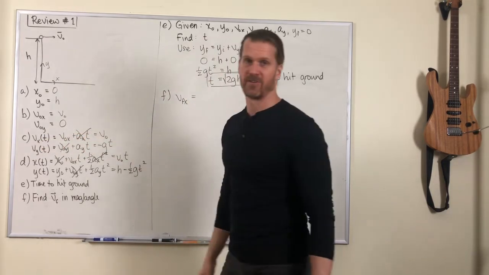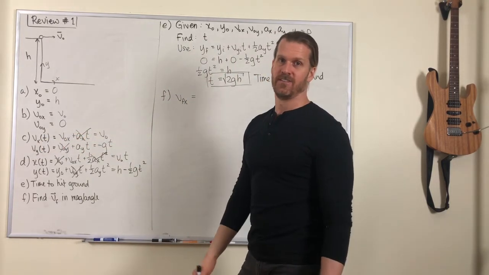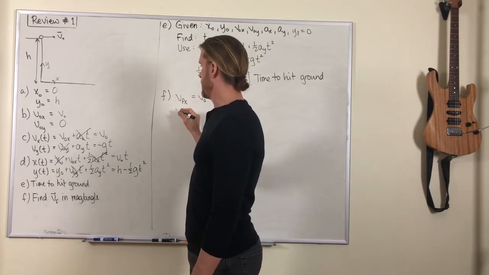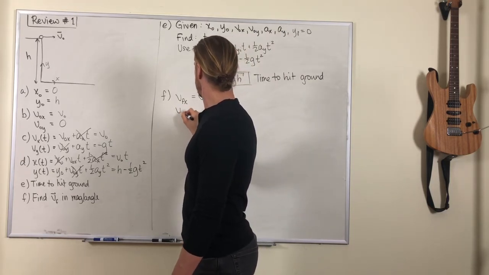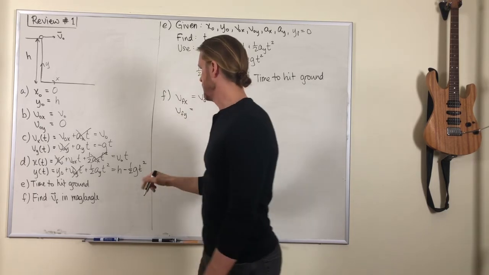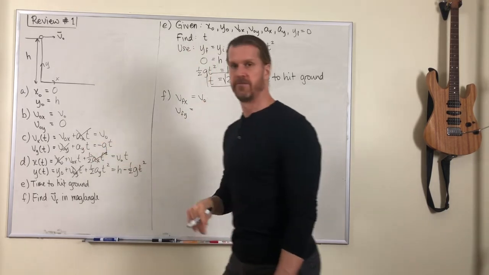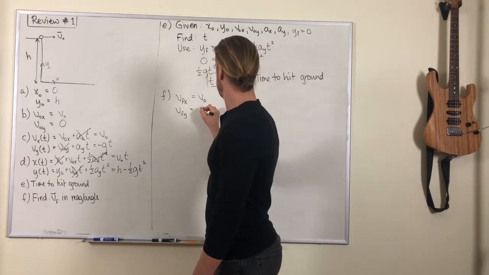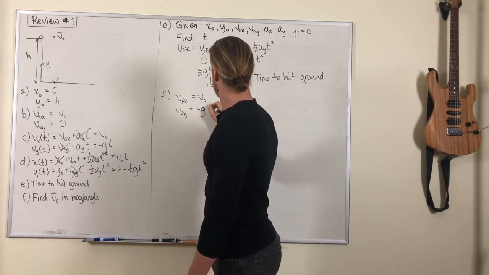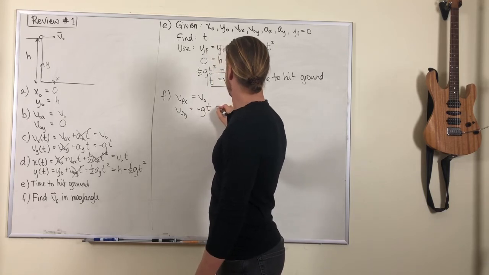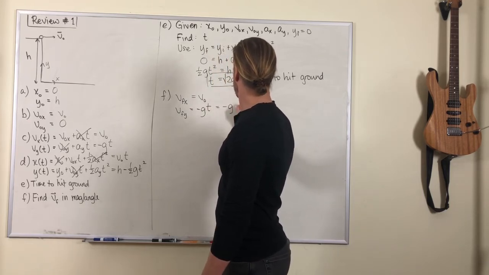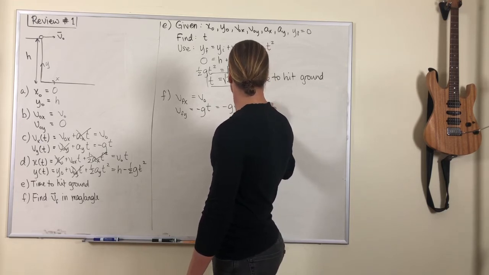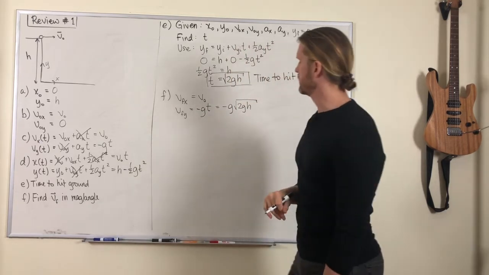But that doesn't even matter because in the x direction, that velocity is constant. And V final y is this expression evaluated at this time we just found. So if you want, you can plug in this expression, or you can just plug in the number you calculated directly.